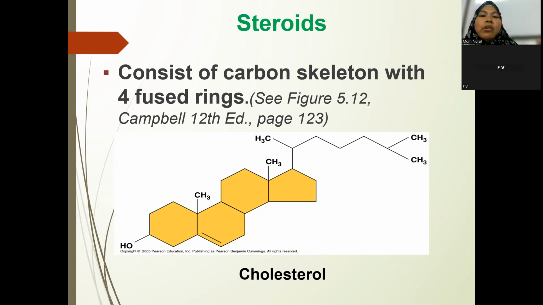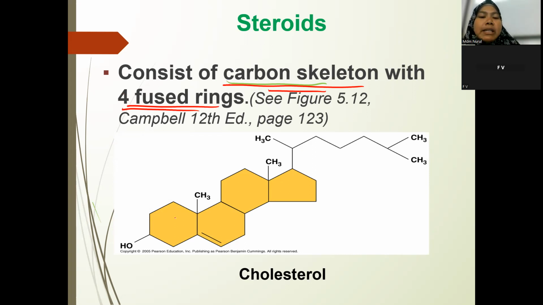Okay, so bentuk steroid or cholesterol is it consists of carbon skeleton with 4 fused ring. So dia mempunyai kerangka karbon dengan 4 ring yang bercantum.